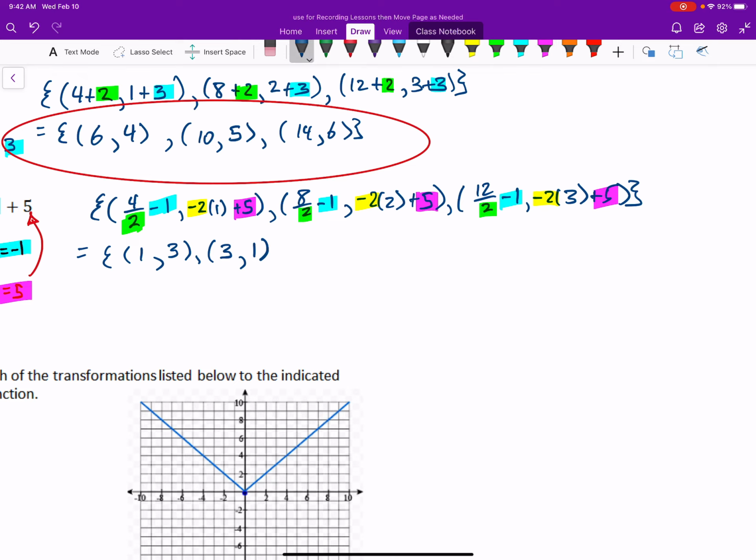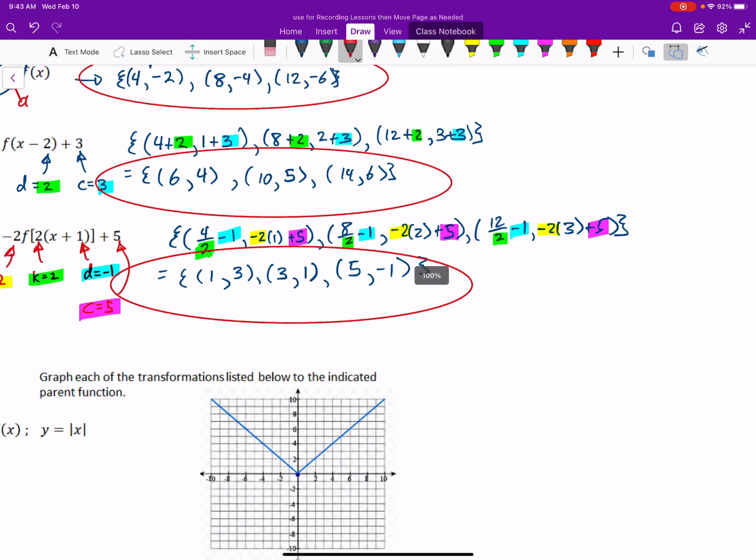Then I simplify. 12 divided by 2 is 6. 6 minus 1 is 5. All right, so I got my new x value from doing this. And negative 2 times 3 is negative 6. Negative 6 plus 5 is negative 1, so that's my new y value. And this becomes my answer once I've done all of them.